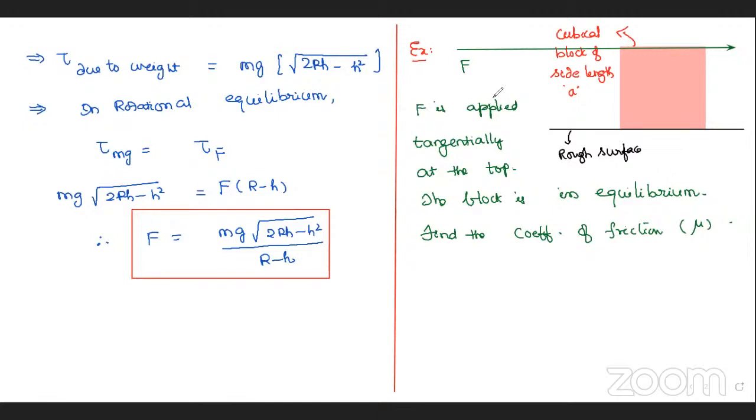What can you find there first? F is mg by 2. How?